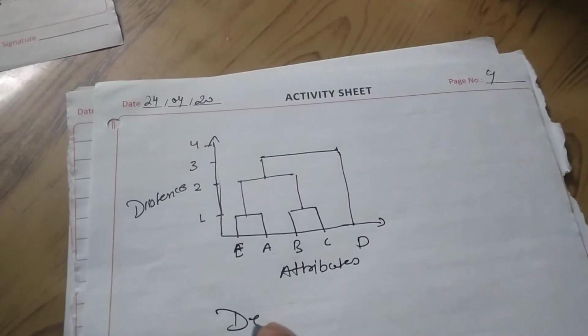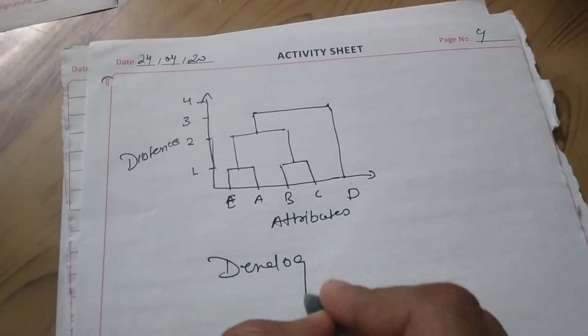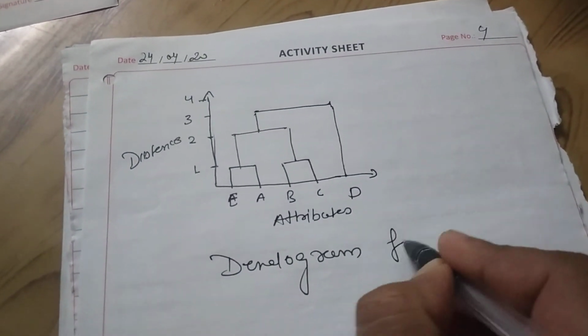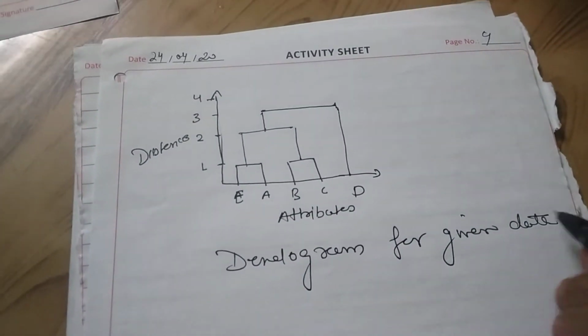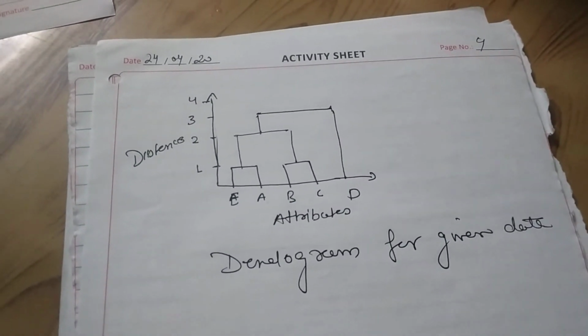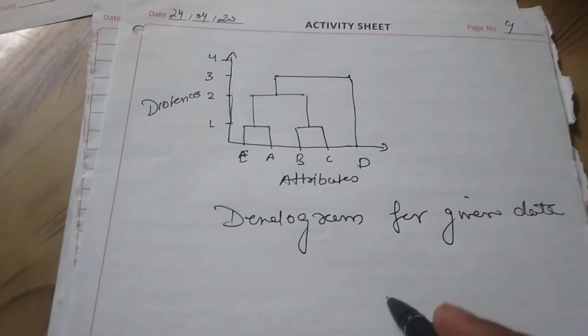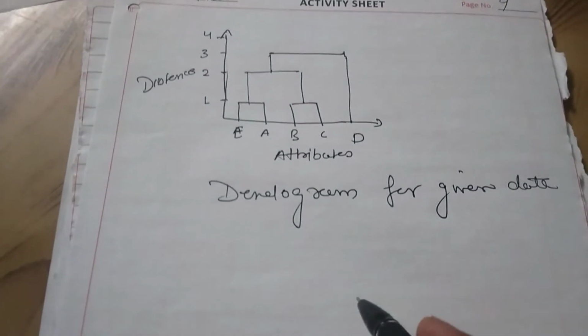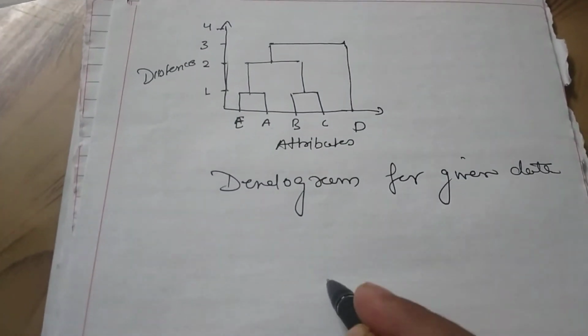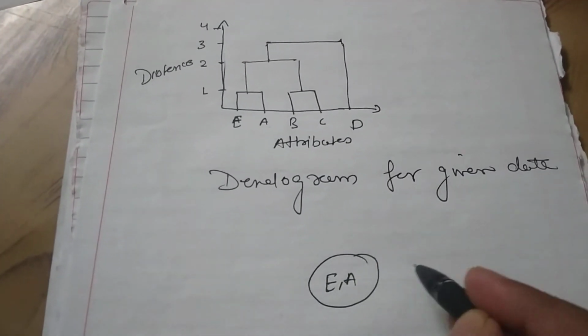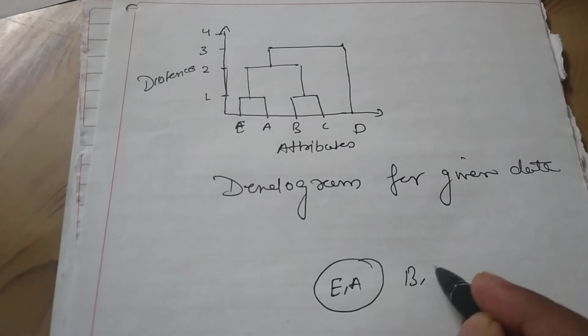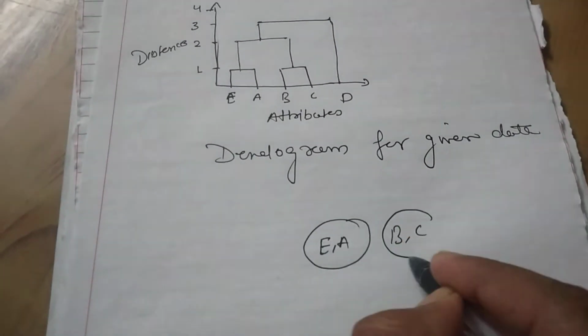This is the dendrogram for the given problem, given data. Here you have made clusters. How to make a cluster? E comma A is one cluster, B comma C is another cluster.